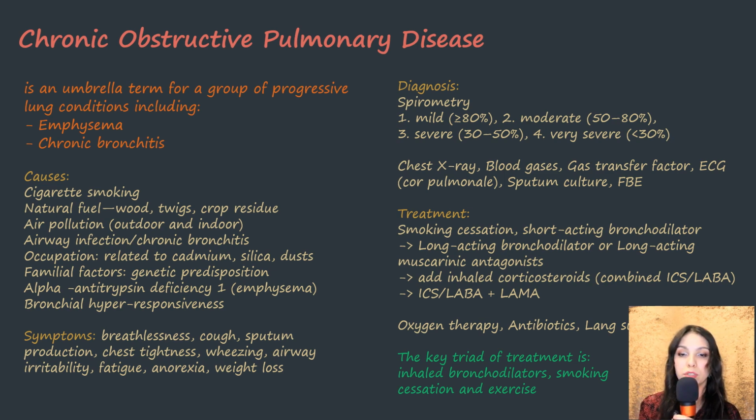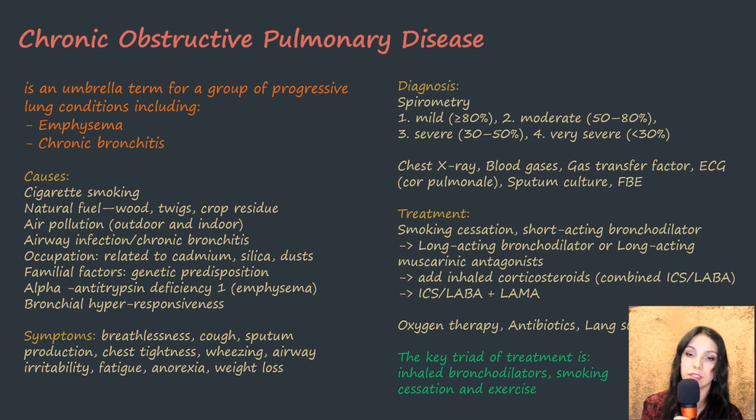And treatment usually looks like this. For mild cases, it's just smoking cessation and a short-acting bronchodilator. Then we add a long-acting bronchodilator or long-acting muscarinic antagonists. Then add corticosteroids.